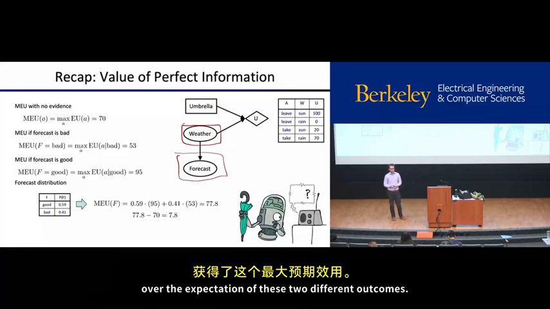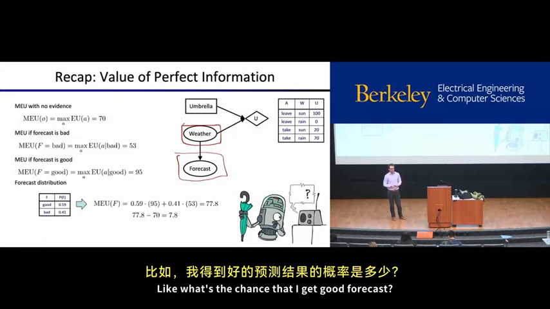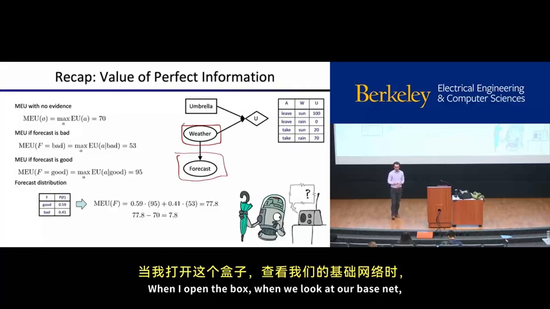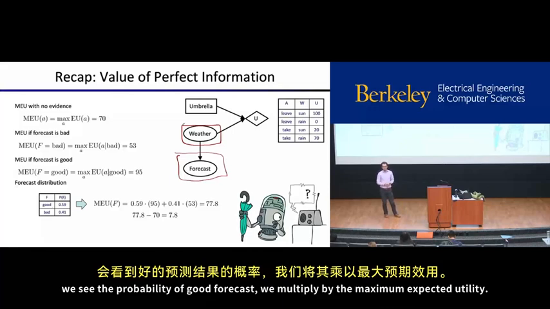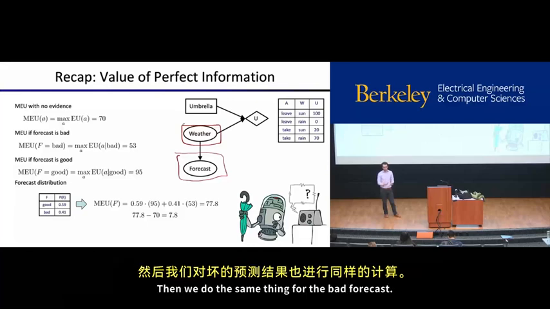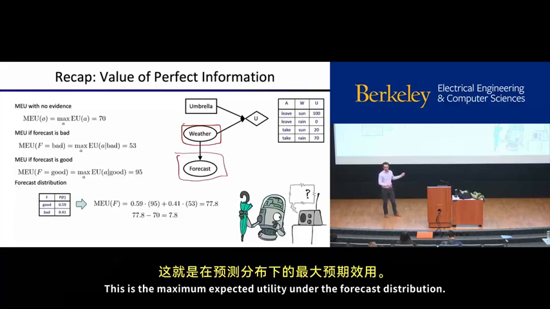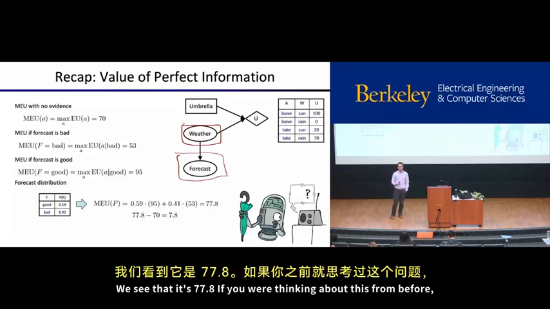Usually the forecast is not perfect, but it's more reliable than no forecast, right? So the value contained in the forecast is some information about the weather. We have perfect information about the forecast, but we don't have perfect information about the weather. So this value of perfect information is saying, I perfectly know all the evidence variables, but I don't know everything else.